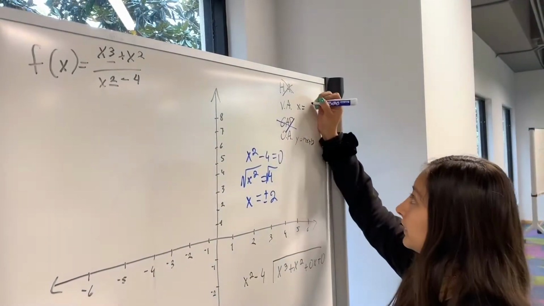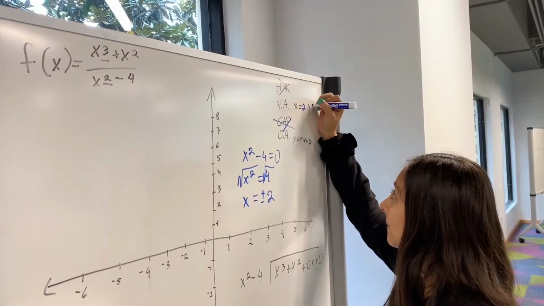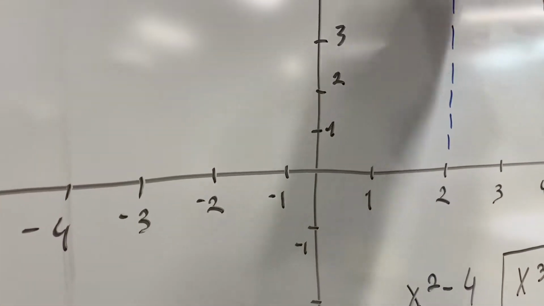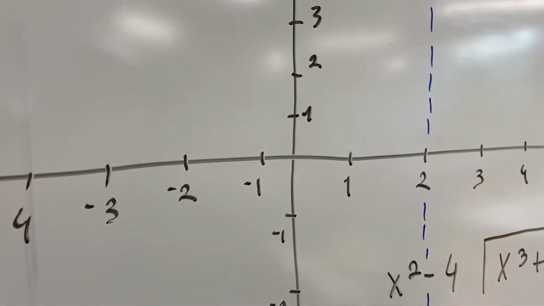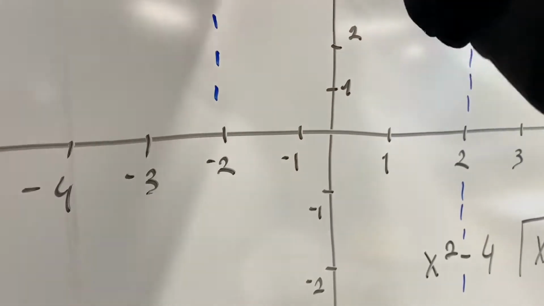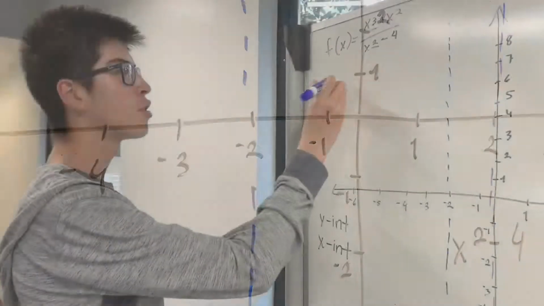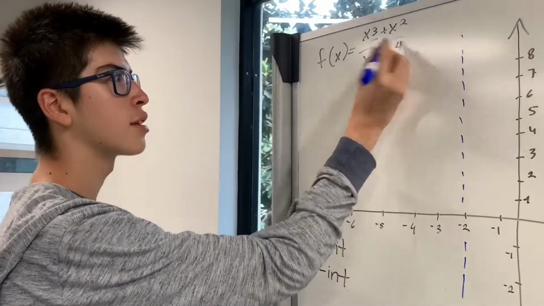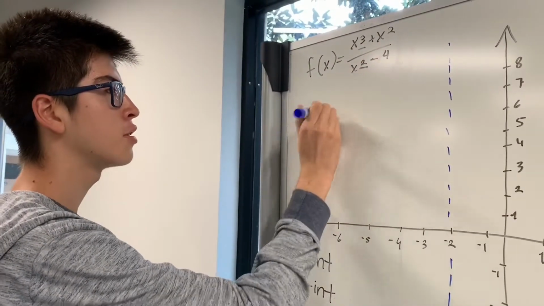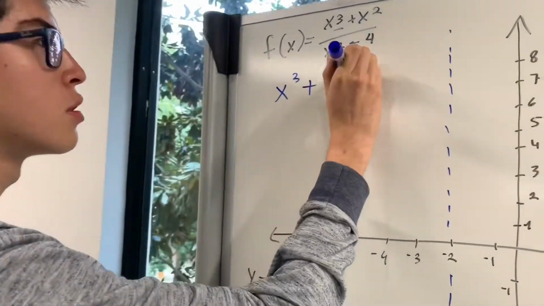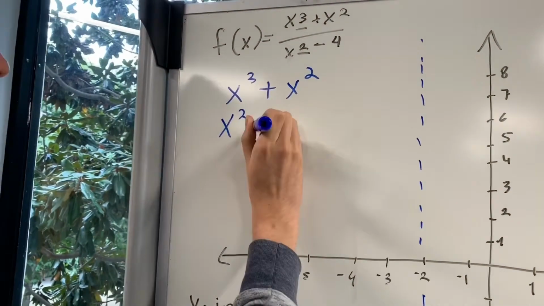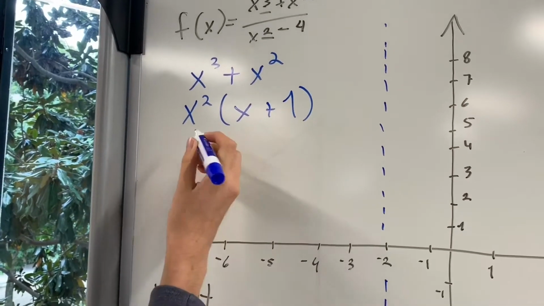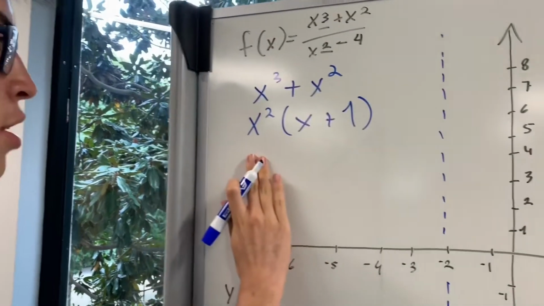For the x-intercepts, we are going to take the upper part of the fraction, and then we're going to analyze these two parts separately.